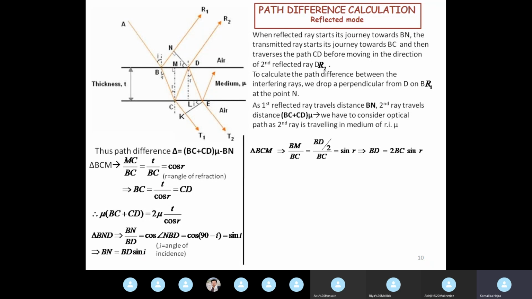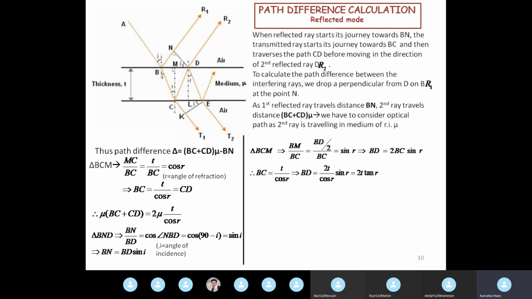Again, take into consideration triangle BCM. In triangle BCM, now take the ratio BM by BC. Now BM is BD by 2, since M is the midpoint of BD. So BD by 2 BC is sin R. So BD is equal to 2 BC sin R. Okay.